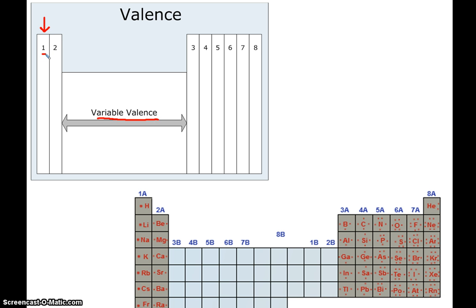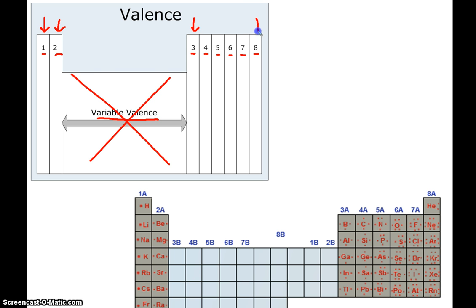The second column has 2 valence electrons. If we skip the middle, we just keep counting 3, 4, 5, 6, 7, 8. If we pick the third column, boron, aluminum, gallium, and all the others have 3 valence electrons, and then we keep counting over.